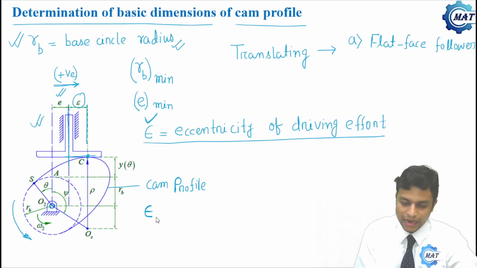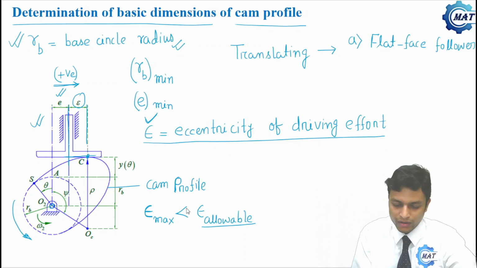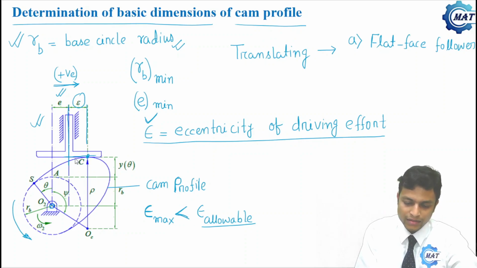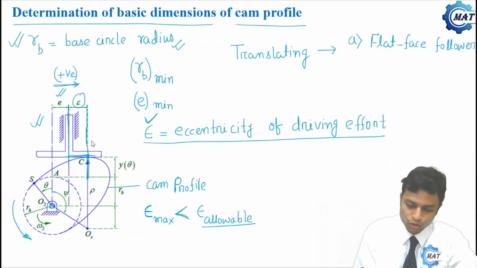But there is an allowable value of eccentricity, and epsilon max, that is the maximum value of eccentricity of driving effort, should be less than epsilon allowable. Why can we not take it as large as possible? Because if epsilon is large, then this is the common normal between cam profile and flat face follower. So cam will push the follower along this direction.